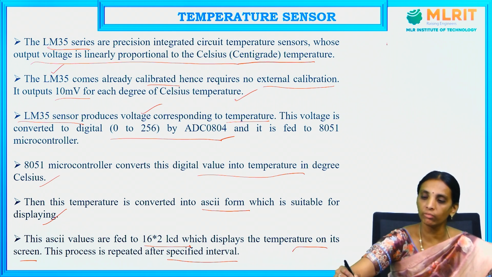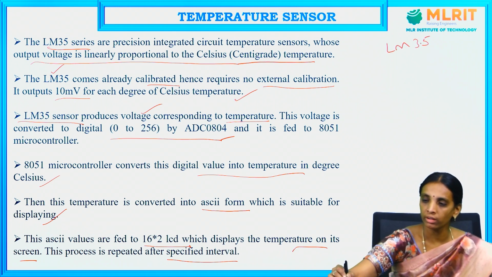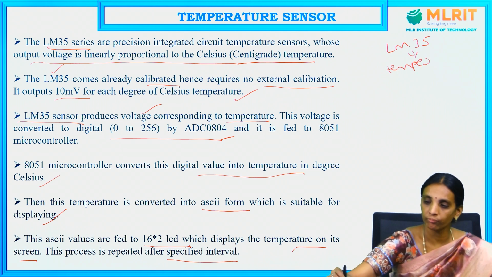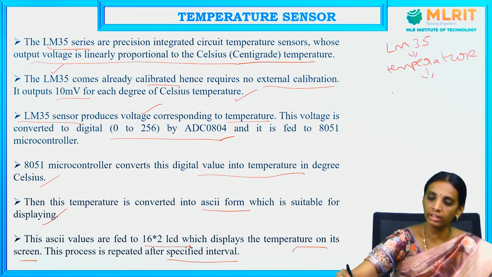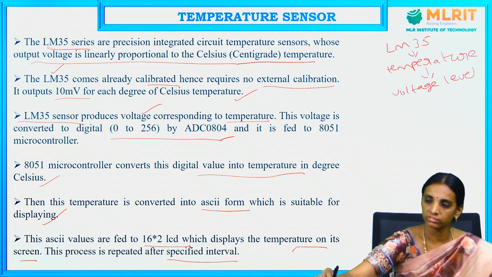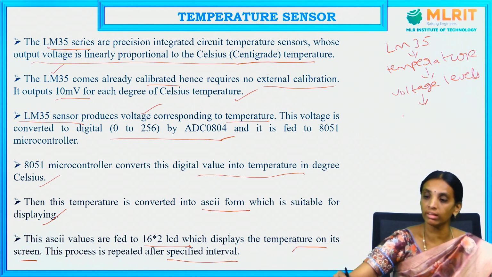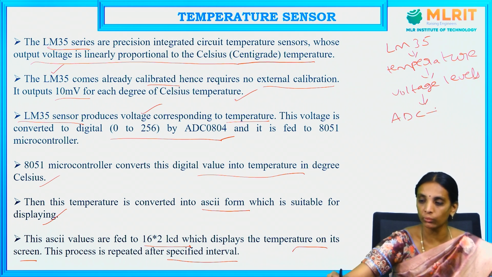So basically, first the LM35 sensor detects the temperature, and depending on the temperature, it produces voltage levels. These voltage levels are converted into digital by using the ADC.